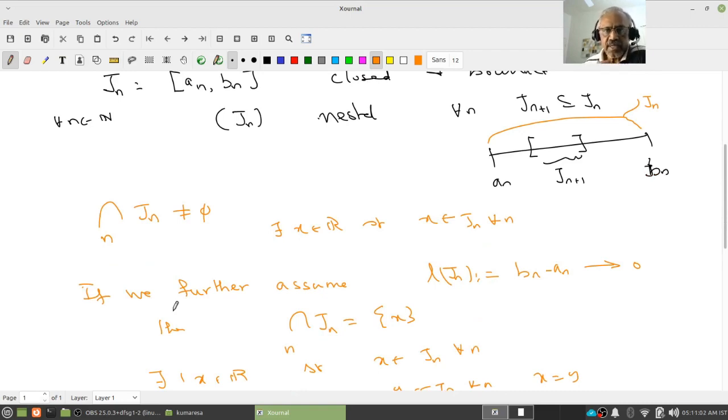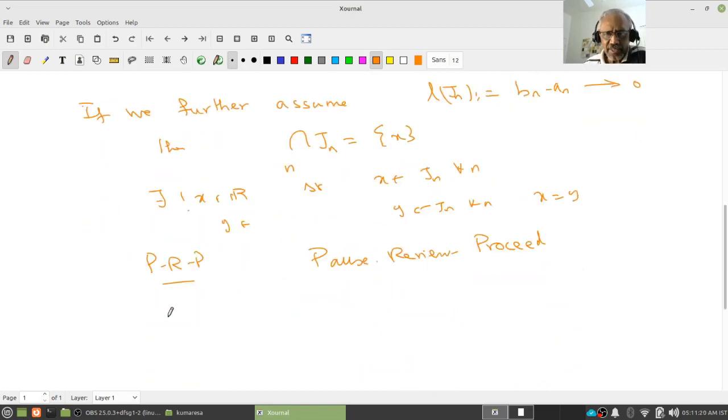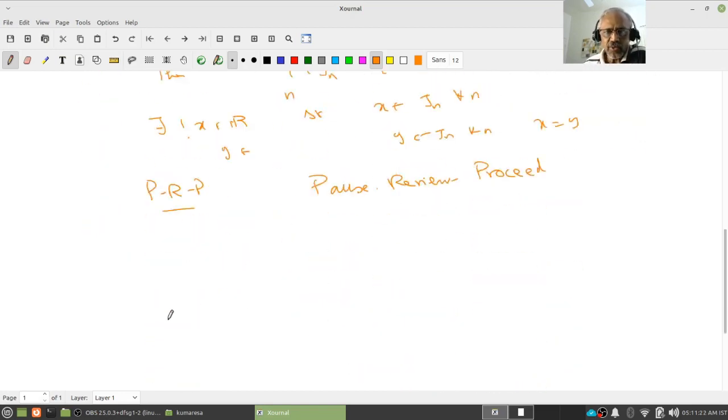This gives an idea: if you are looking for a real number which is a solution of some problem, what it says is look for a sequence Jn of closed and bounded intervals, and it's very likely to be there. This is very vague, but keep that in mind. This is the trick which you are going to use.